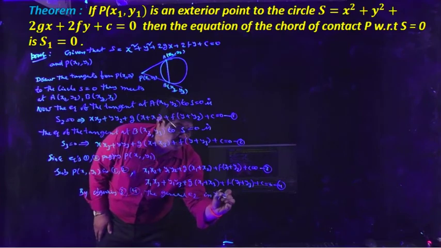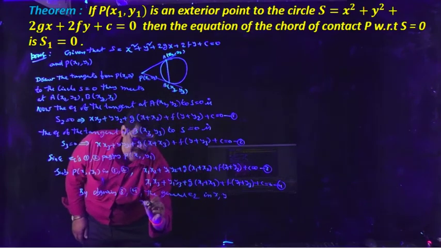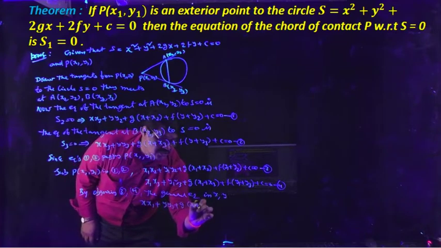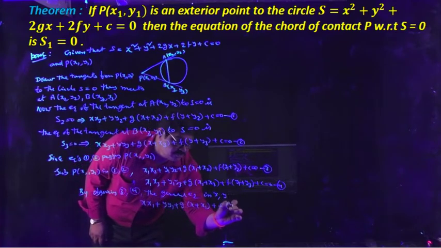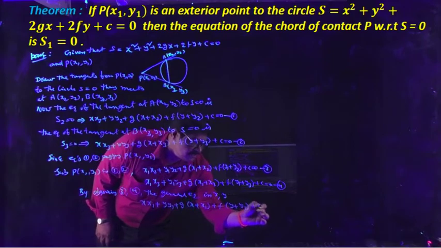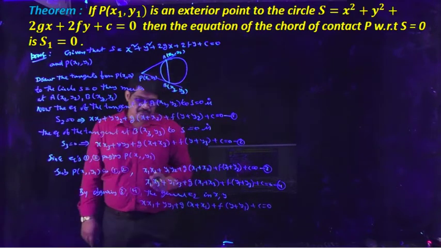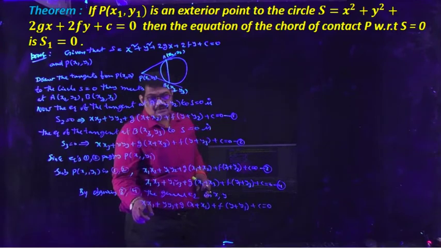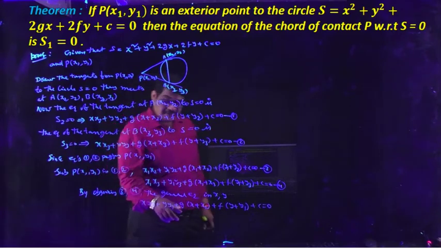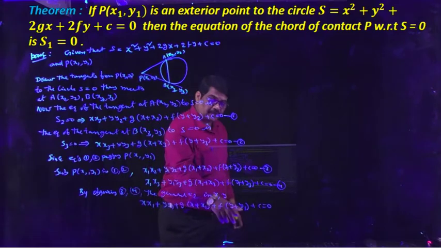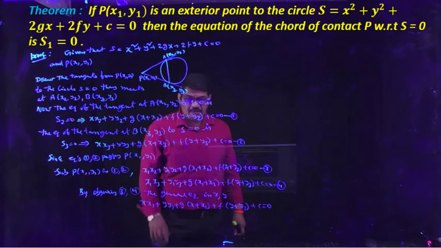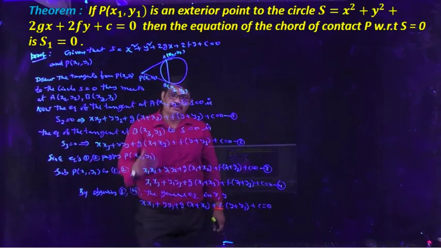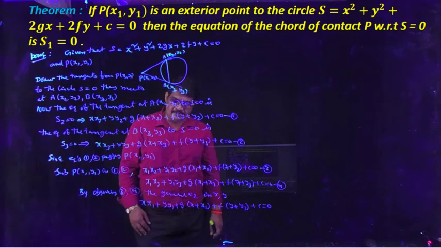The general equation in x, y is xx1 + yy1 + g(x + x1) + f(y + y1) + c = 0. By observing equations 3 and 4, this equation satisfies the two points A(x2, y2) and B(x3, y3).